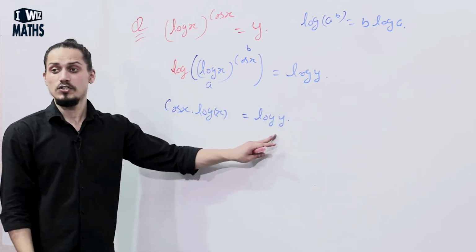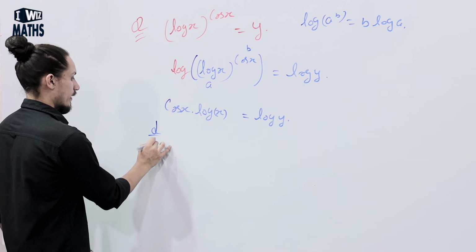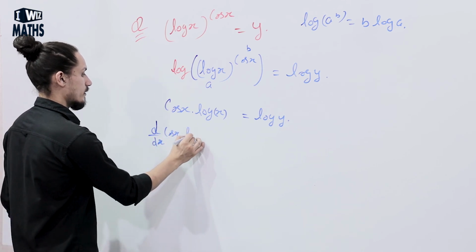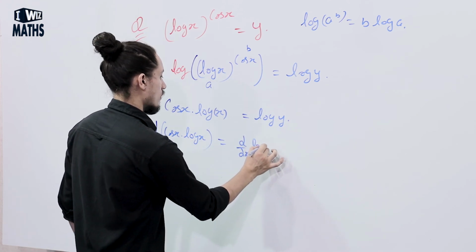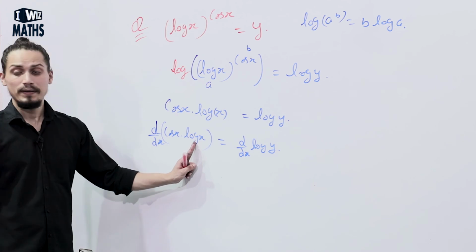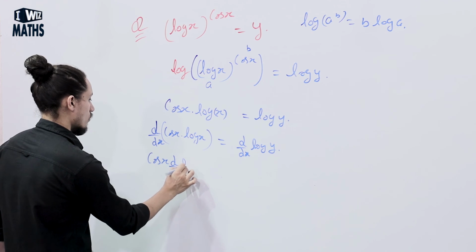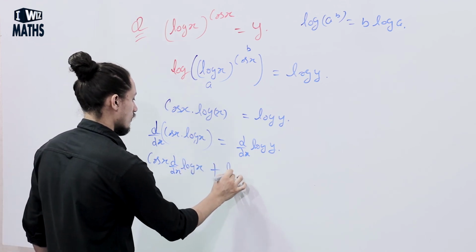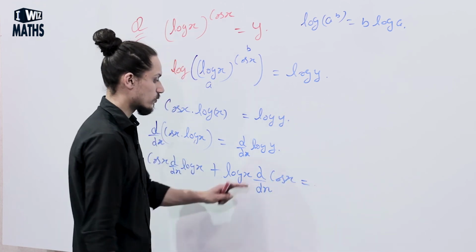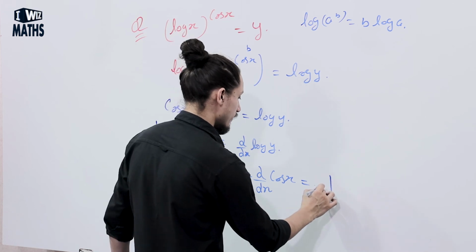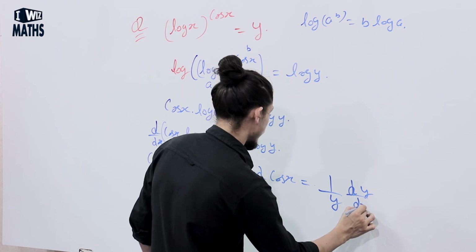Now taking derivative of both sides with respect to x, we get d by dx of cos x into log x is equal to d by dx of log y. Here we will apply the product rule. So we get cos x into d by dx of log x plus log x into d by dx of cos x, which is equal to 1 upon y into dy by dx.